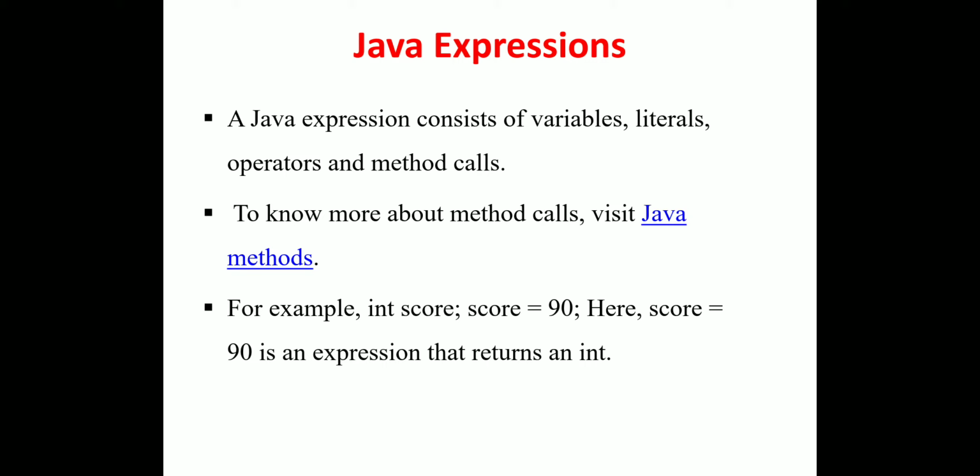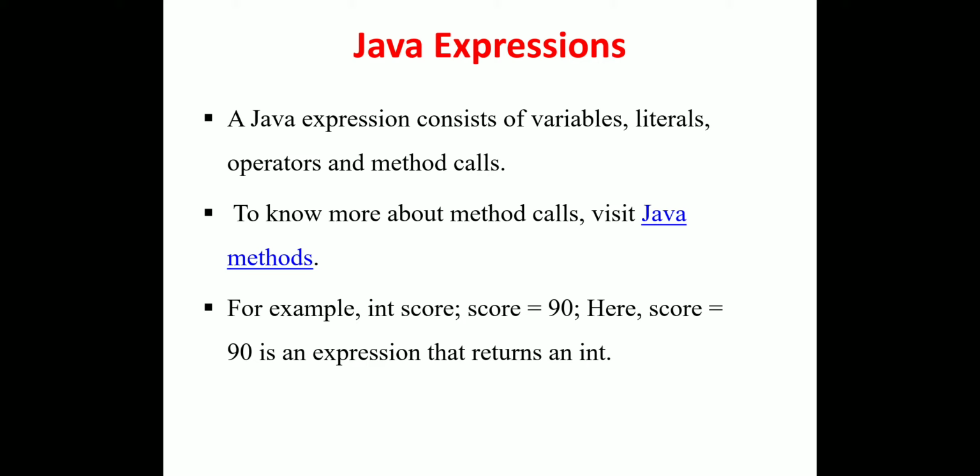For example, I am going to store a number with integer data type. Here I am assigning an int. For variable score, I am assigning 90. Here score = 90 is an expression that returns an int.